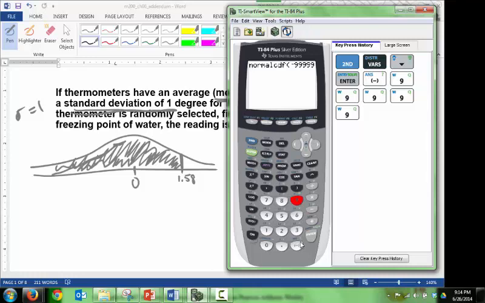Let's go with this one for now. 1, 2, 3, 4. So negative 99,999. That's not infinity, but it sure is way out there, right? So that's my low. My high is going to be 1.58.